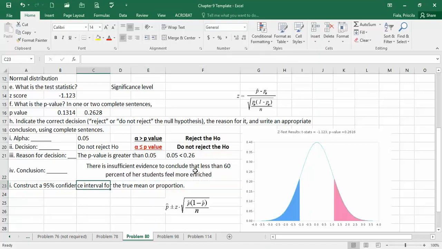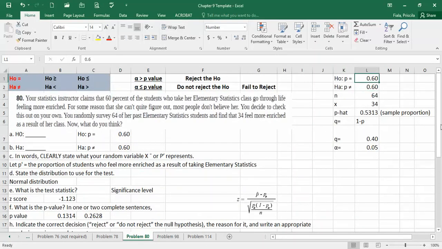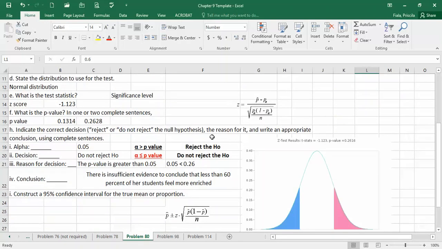That means we cannot conclude the alternative. We have to fail to reject, do not reject the null hypothesis.